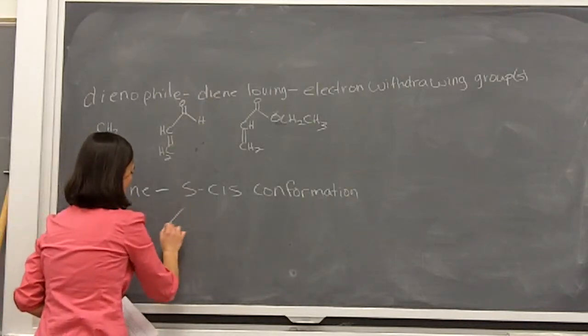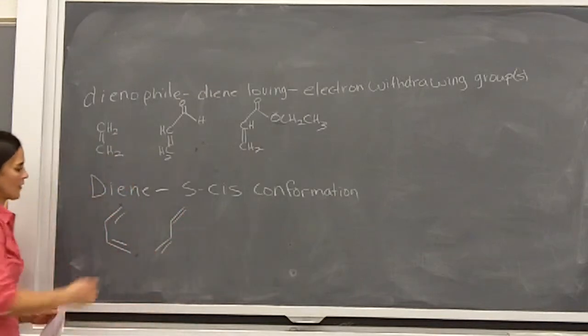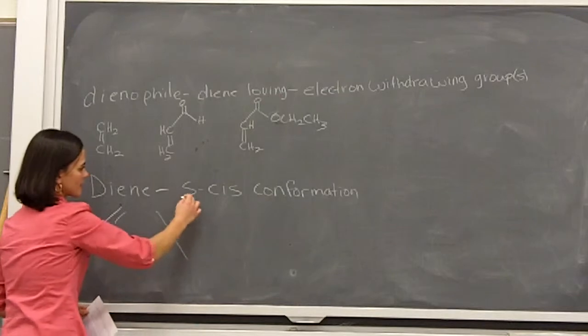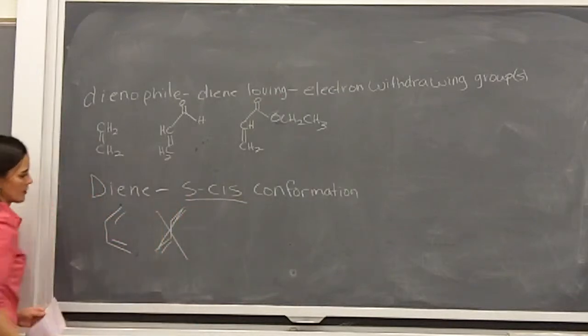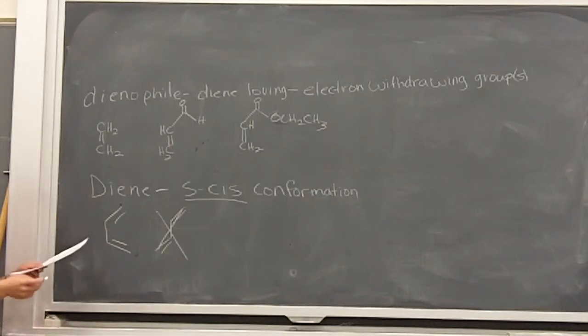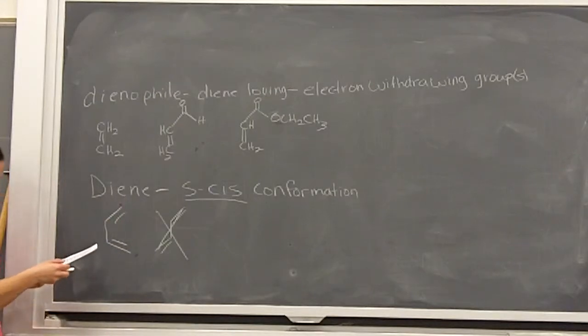Versus if we have them trans from each other, then they aren't close together for the reacting. So we want S-cis, we don't want them trans. We want them cis to each other, not trans. And so this really helps the formation of that cyclic transition state.